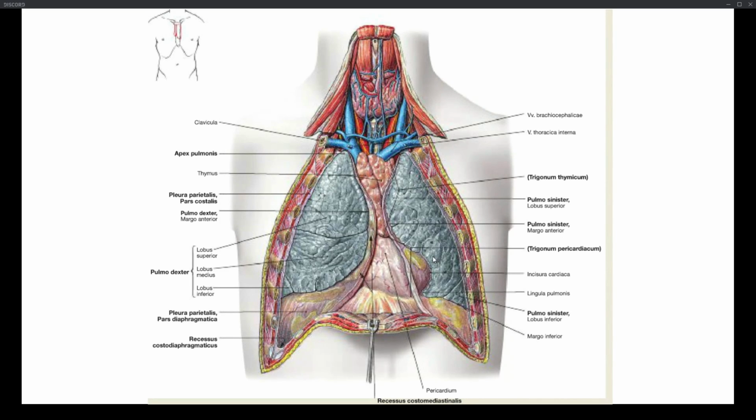This would of course still be very risky, because you have to pierce through the pericardium and into your heart, which is still not an easy procedure.